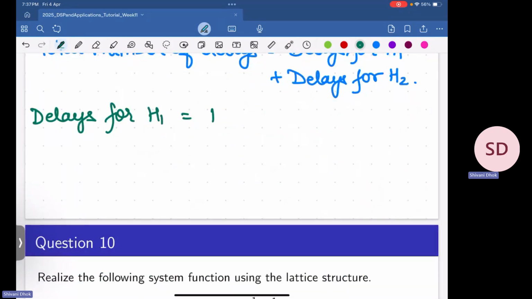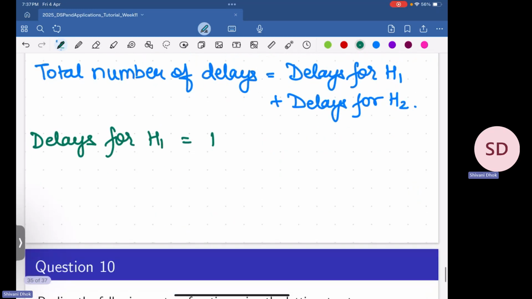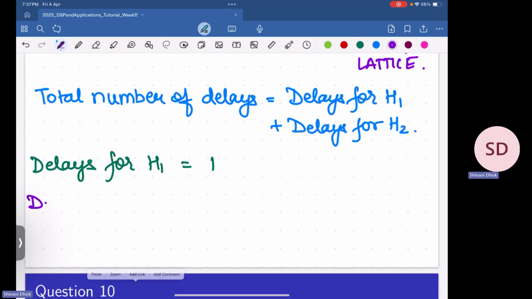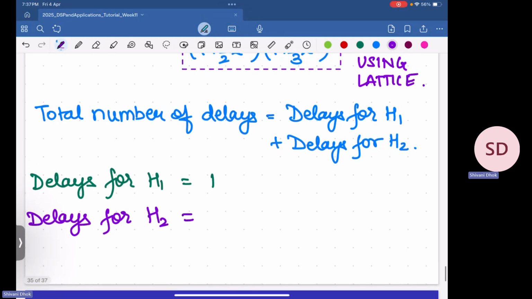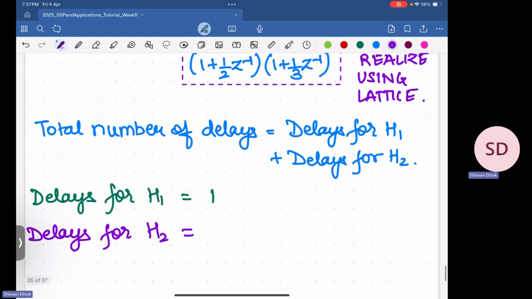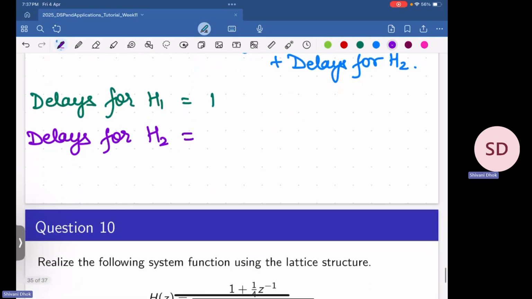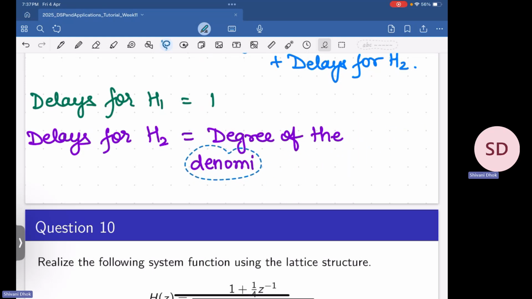Okay, and now for delays for h2, and for a lattice structure, these delays for h2 are basically given by the degree of the denominator polynomial. So this is equal to the degree of the denominator polynomial.